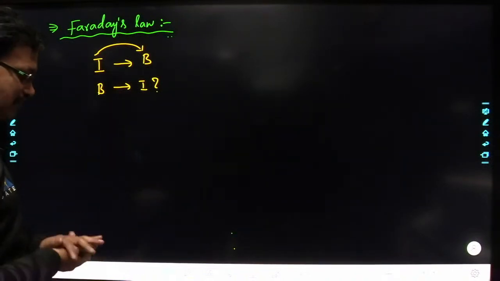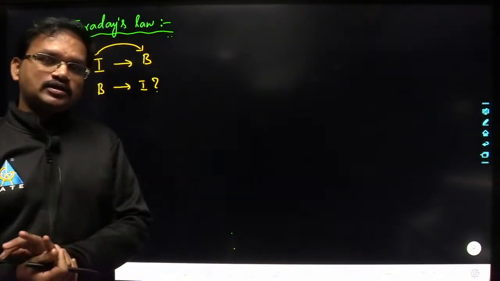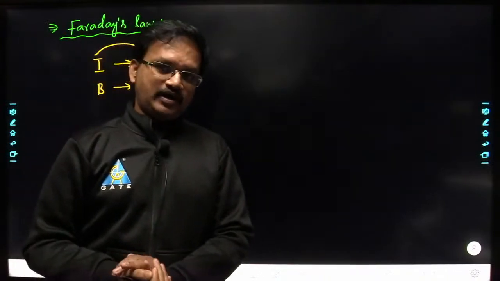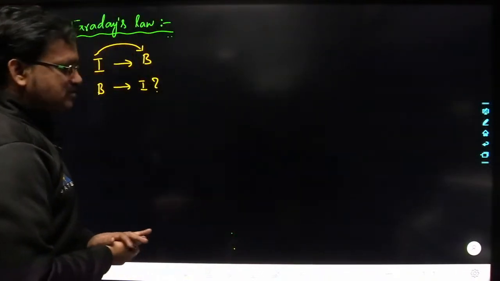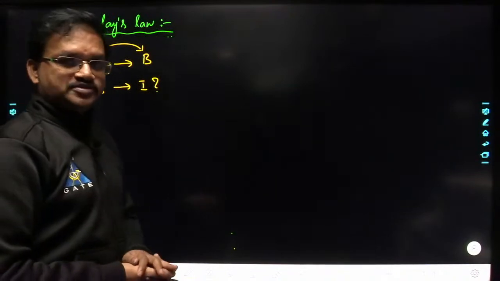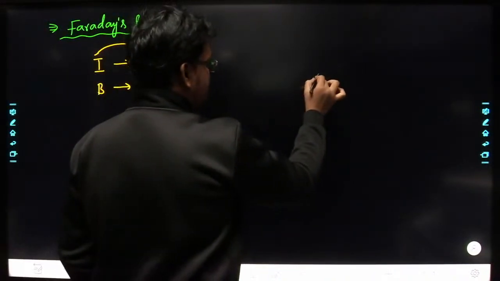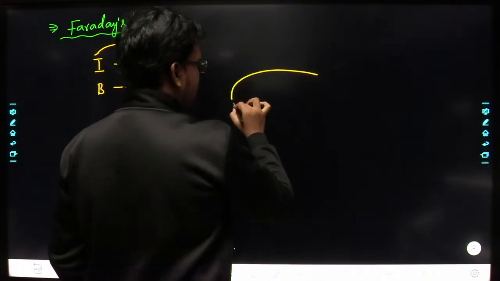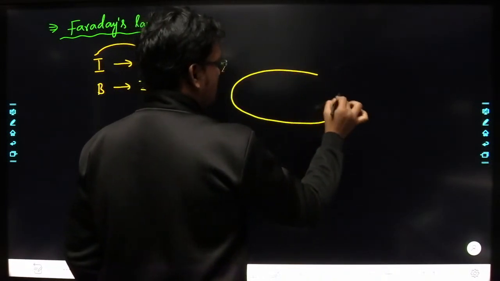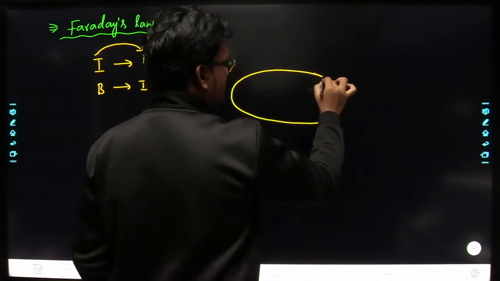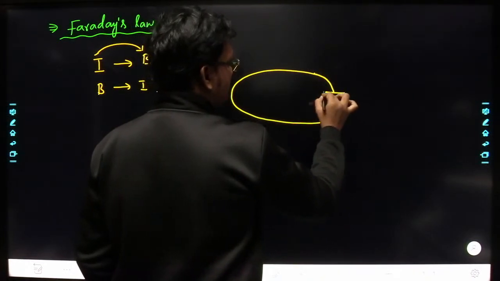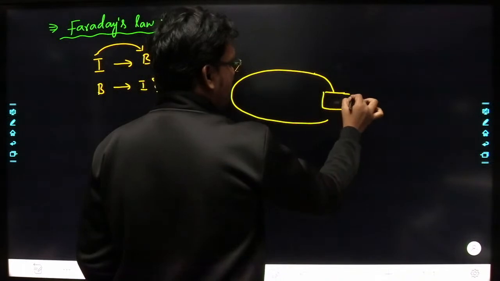Whenever they get doubts, they conduct some experiment. Yes or no? So, Faraday also started conducting an experiment. He has taken a conducting loop like this, and at the ends of the conducting loop he has connected a galvanometer.